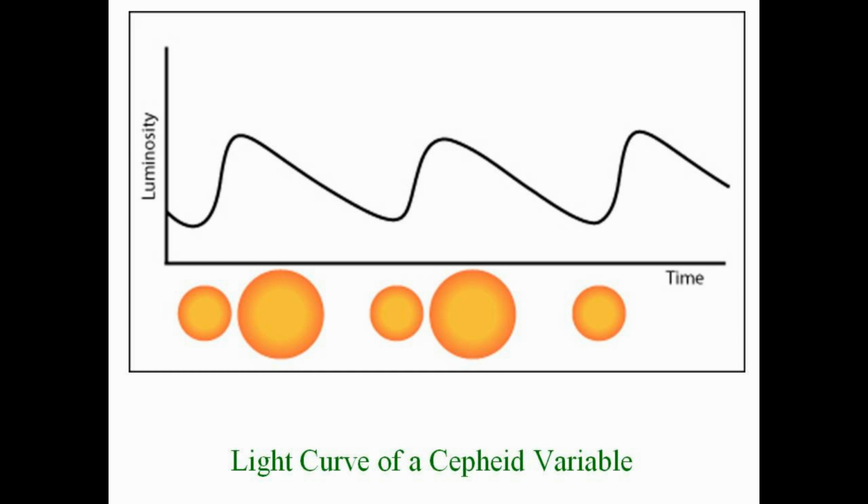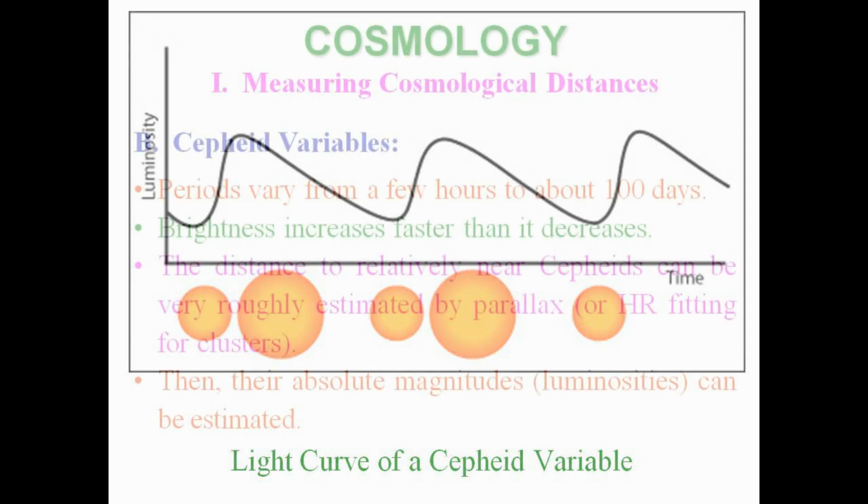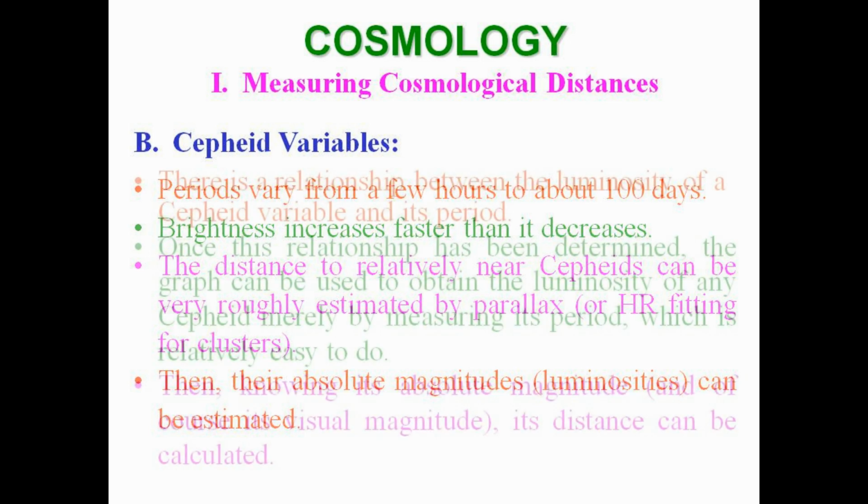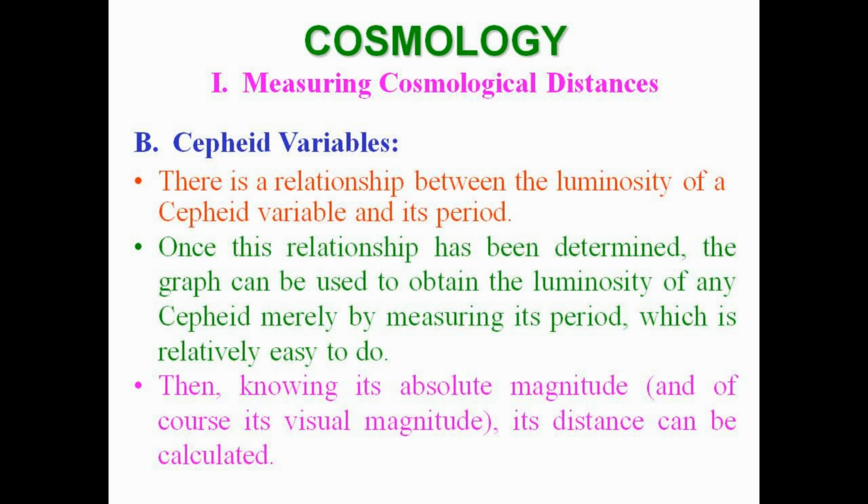And fortunately, they're easy to find because you saw they were up near the top of the HR diagram, which means they're among the brightest stars in existence. So if you can see any individual stars in some other galaxy, they're probably Cepheid variables. Periods vary from a few hours to 100 days, and as we'll see in the next slide, there's a relationship between the luminosity and the period.